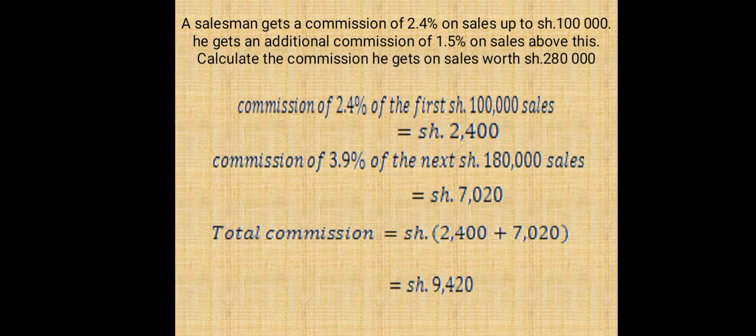So 3.9% of 180,000 is 7,020 shillings. Now for the total commission we add the 2,400 and 7,020 shillings. You get that he got a commission of 9,420.